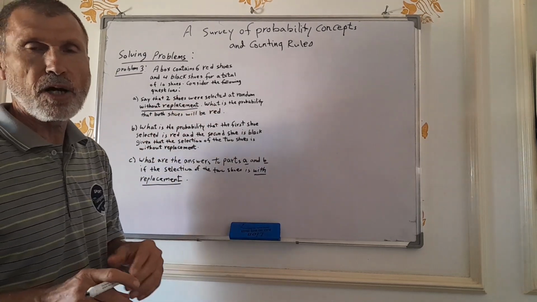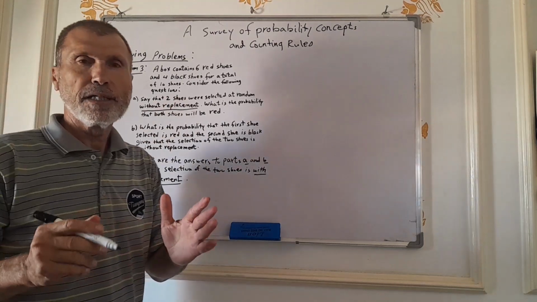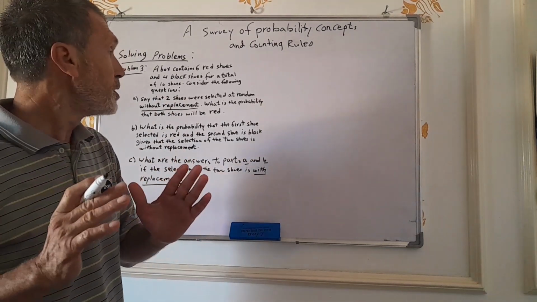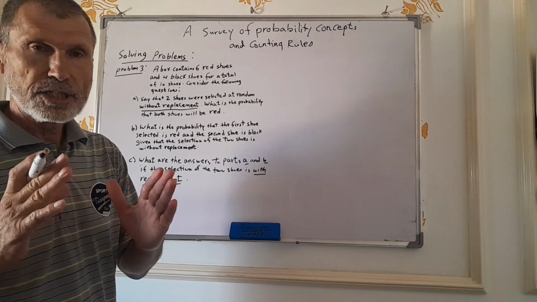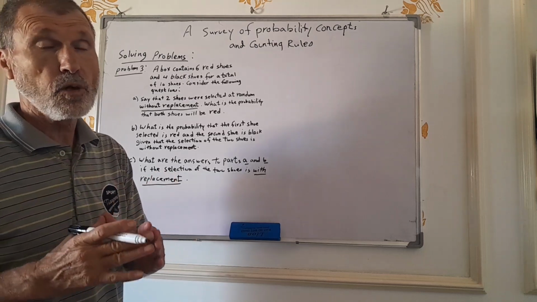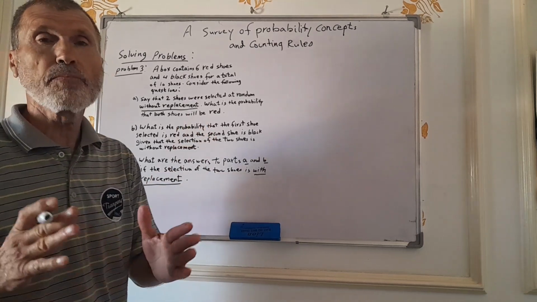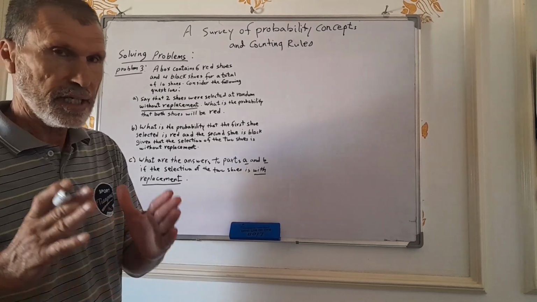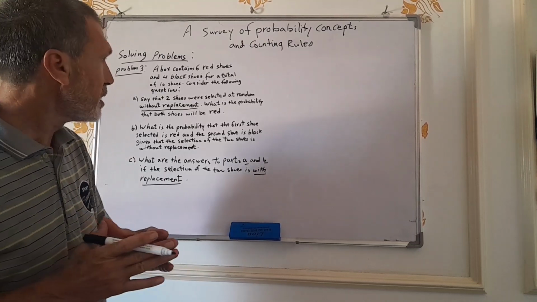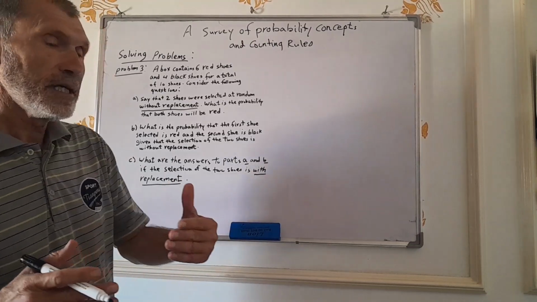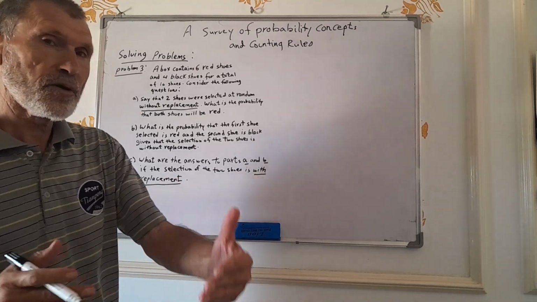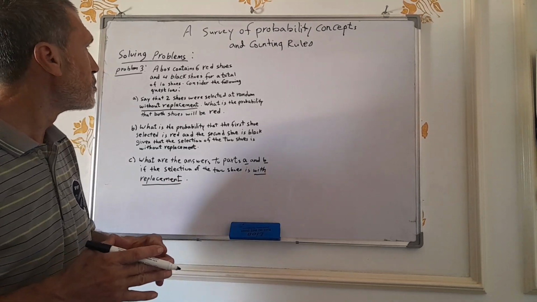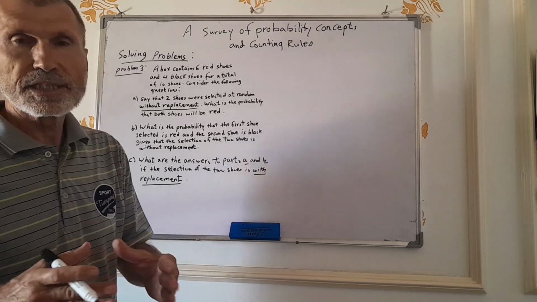Here we are talking about the general multiplication rule, because the events here are dependent. The events are dependent because we did not replace or return the shoes once they were selected.